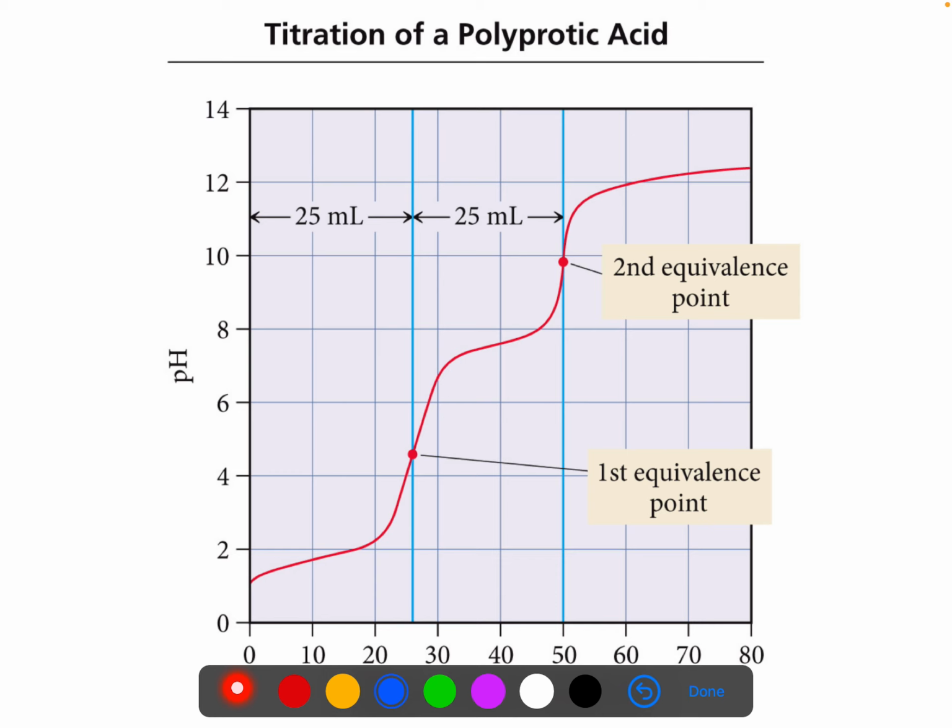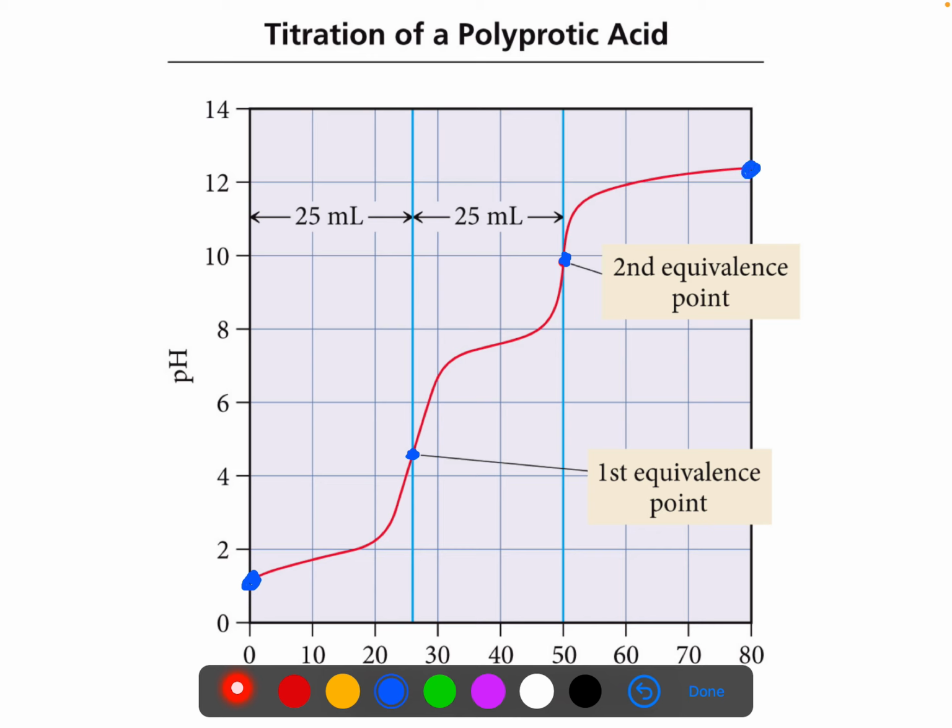So here's what a graph would look like. If we started off down at 1, this would be like a strong polyprotic acid. It has one equivalence point where it neutralizes the first hydrogen. And then if we continue adding base, it will neutralize the second hydrogen and then ultimately level off at that high pH using a strong base.